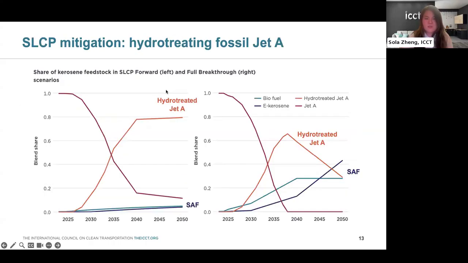And for the SLCP mitigation, we want to briefly walk you through a few of the mitigation levers. One is how hydrotreating is modeled.